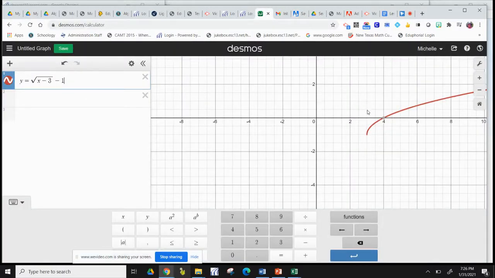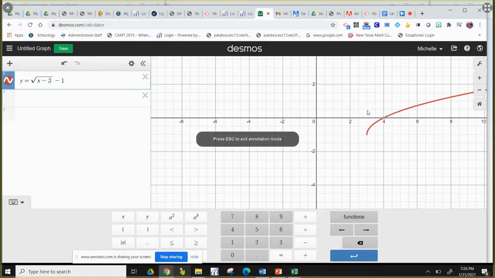So there's where x is 3. There's where x is 8. So this is the lowest point.